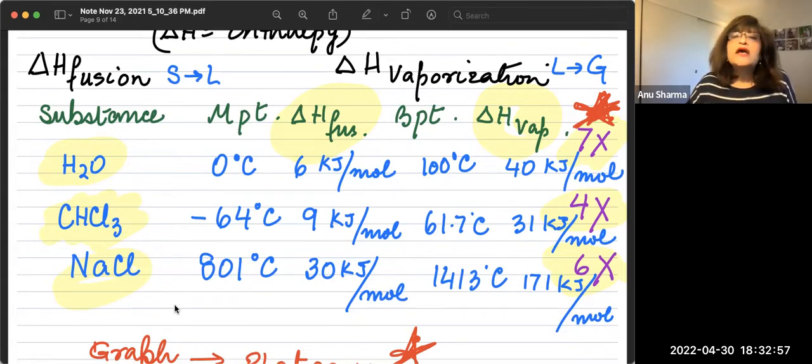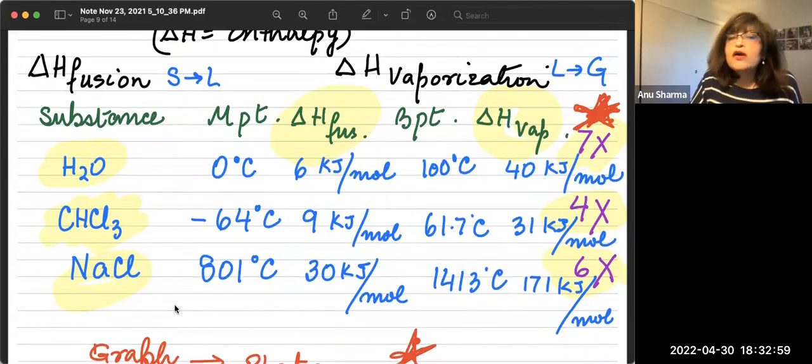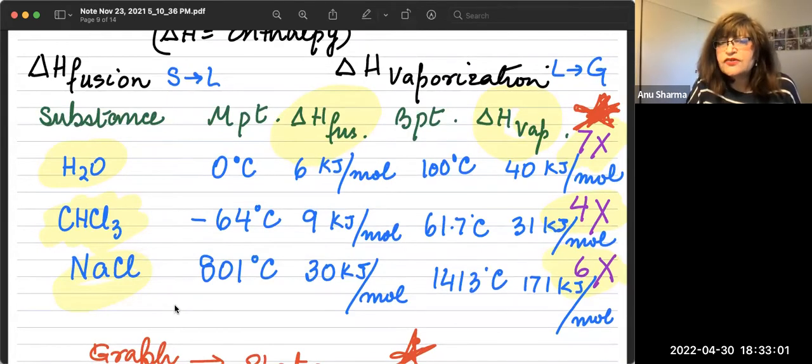That's a lot. Water absorbs a little bit of heat to convert from the ice state, equal to 6 kilojoules per mole. Chloroform needs 9 kilojoules per mole, but sodium chloride needs a lot, 30 kilojoules per mole.